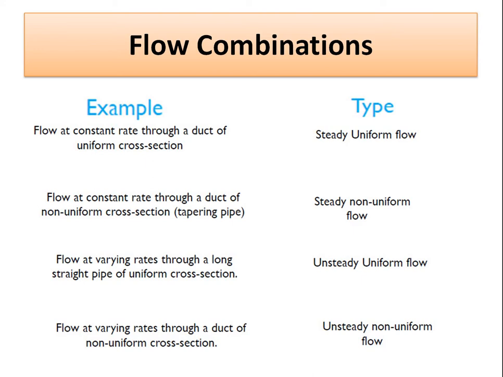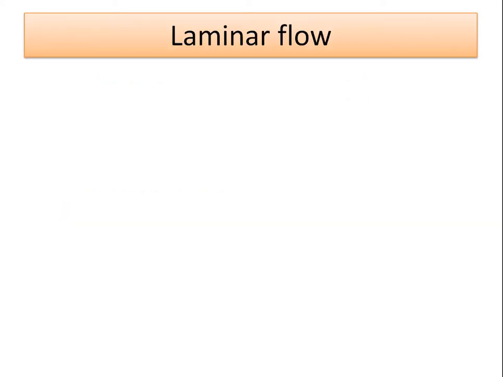Similarly, if flow is passing at a varying rate, that is unsteady flow, but passes through a long uniform cross-sectional pipe, then it is unsteady uniform flow. And if the flow rate varies with respect to time and also varies with respect to cross section or distance, that is a duct of non-uniform cross section, then it is called an unsteady non-uniform flow. So these are the flow combinations.